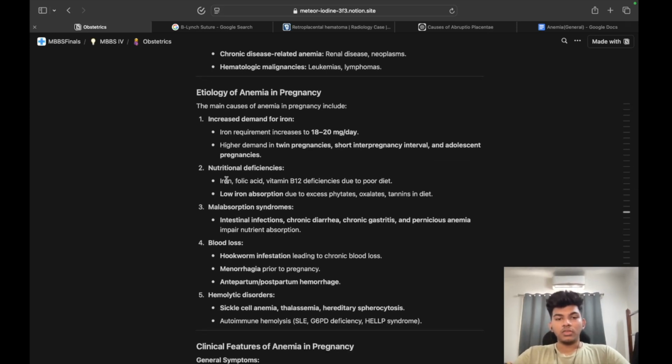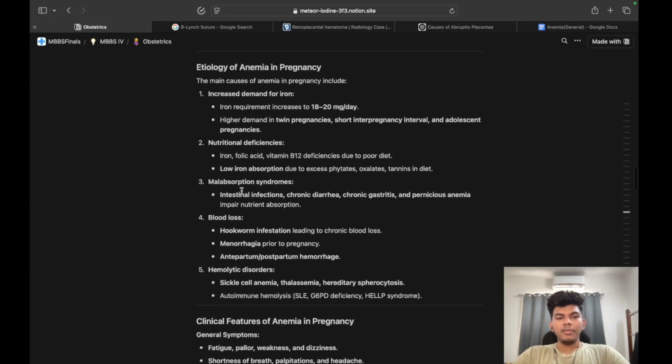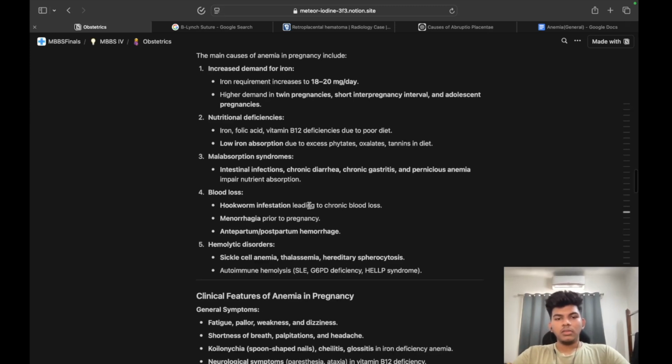Next, coming to nutritional deficiency, we have seen it already. There is low iron absorption due to excess phytates, oxalates, tannins in the diet, and malabsorption syndromes including intestinal infections, chronic diarrhea, chronic gastritis and pernicious anemia. All these things can impair absorption.